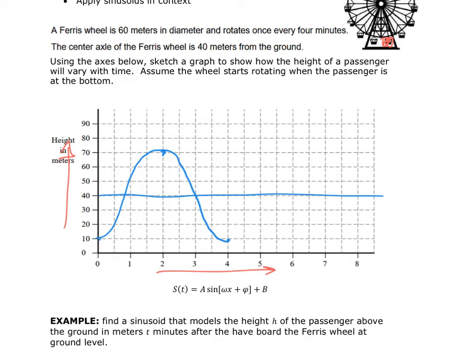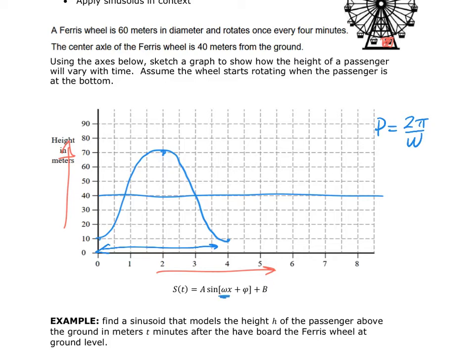But I do need to figure out whether or not I have any kind of period change. So the first thing I do is determine how long it takes to go, because it's a cosine, from a max to a max or a min to a min. How long did it take to get from a max to a max or a min to a min? It took 4. So I know that my period, P, is equal to 2 pi divided by omega. Now, I'm chasing omega because it's right here.